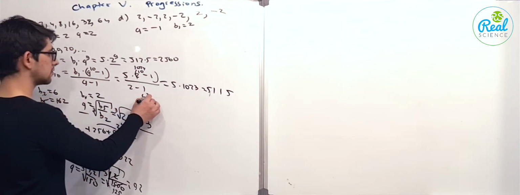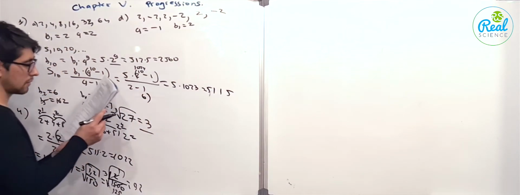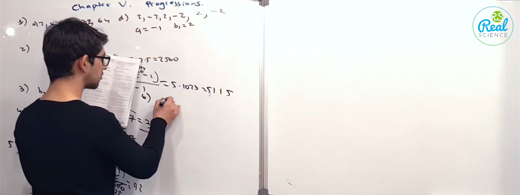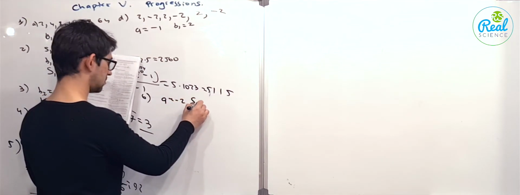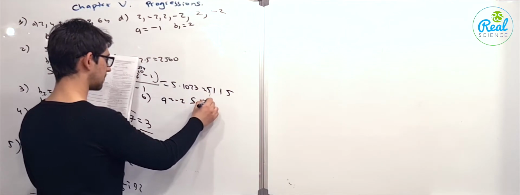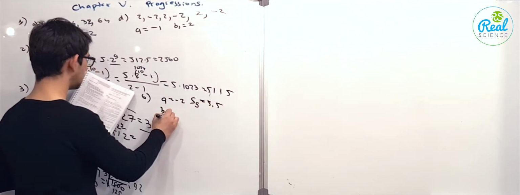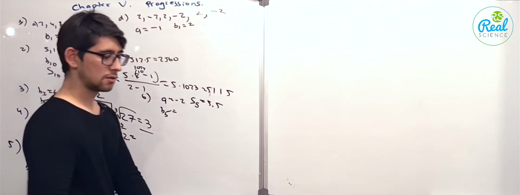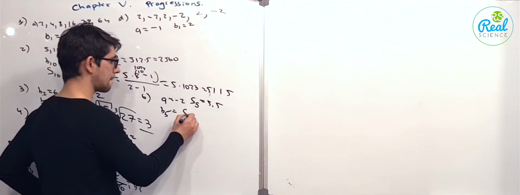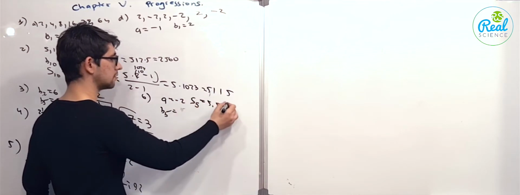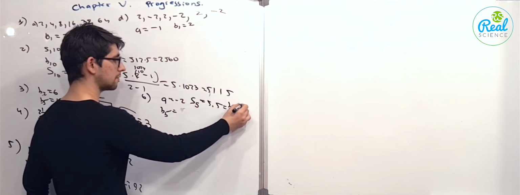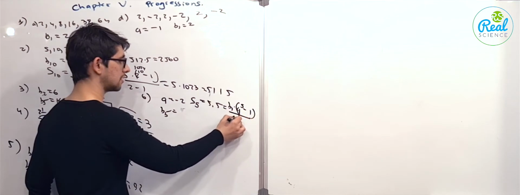Let's do 6. In a geometric progression, your Q equals -2 and S5 equals 5.5. Find your B5. So S5 equals B1 multiplied by Q to the power of 5 minus 1, divided by Q minus 1.